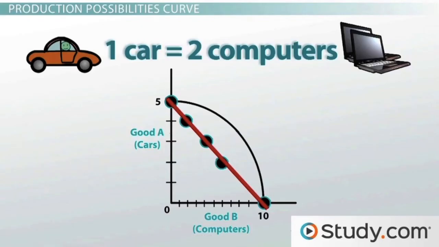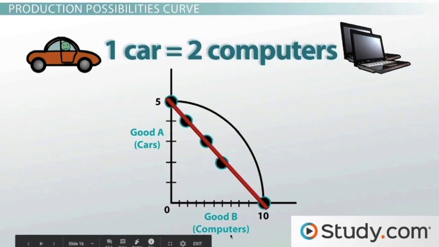You can see here, if we have a constant trade-off, so let's say on the y-axis we have cars, and on the x-axis we have computers, and there is a constant opportunity cost. One car equal to 2 computers. In other words, for every car we don't make, we can make 2 more computers, or vice versa.